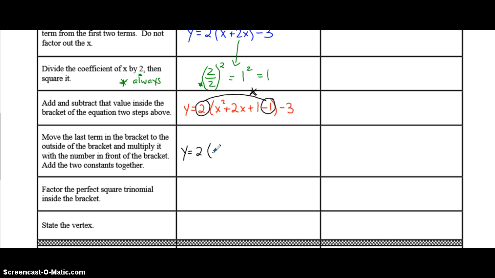Inside the bracket we're now going to have x squared plus 2x plus 1. The negative 1 gets multiplied by the 2 and joins the negative 3 on the outside. And when those two get joined, negative 3 minus 2 is negative 5.